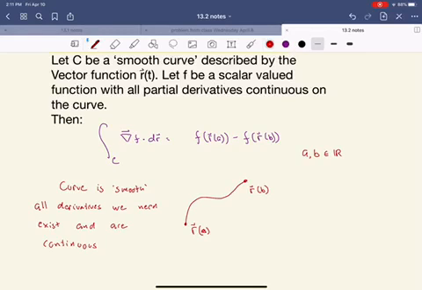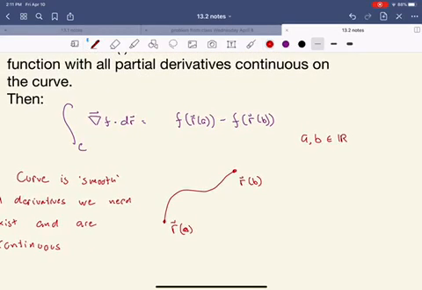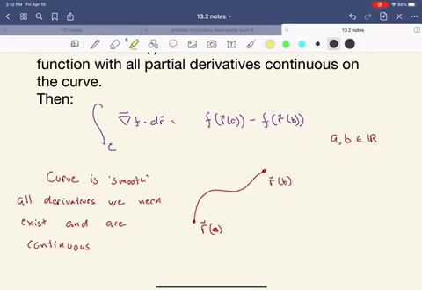Okay, so if you were to get into some higher mathematics classes, there's degrees of smoothness. We could have just the first derivative existing and being continuous, and that's called smooth in some books. Some books would say you actually need to have the second derivative to exist and be continuous.